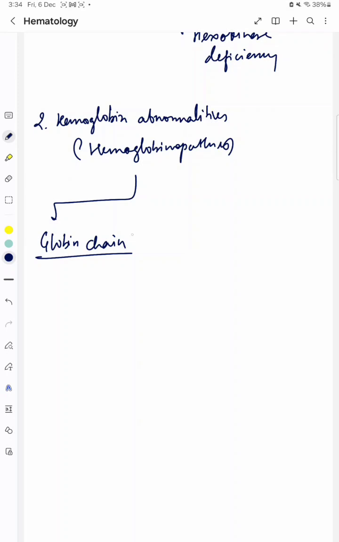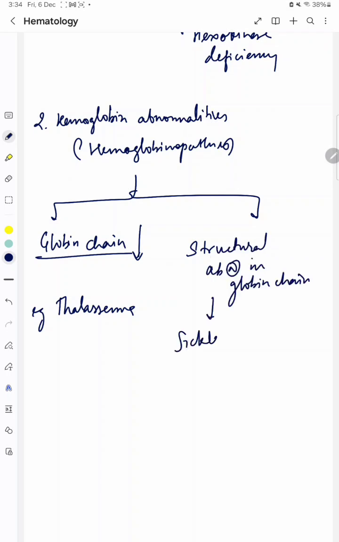If the globin chain production is decreased or less, this condition is known as thalassemia. If there is any structural abnormality in globin, then this condition is known as sickle cell anemia.